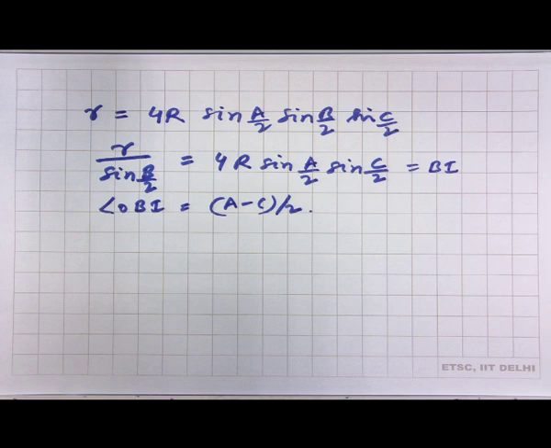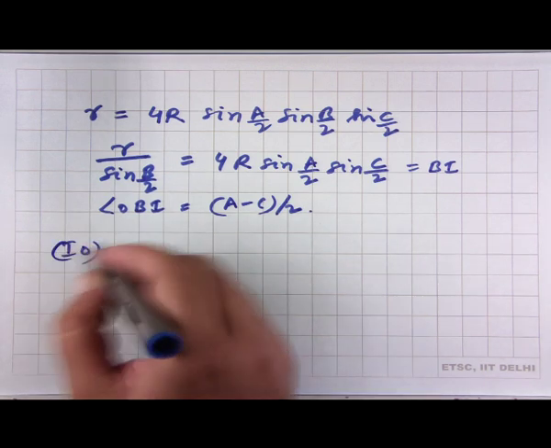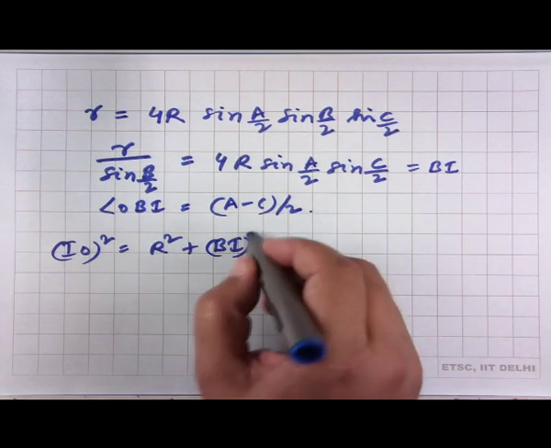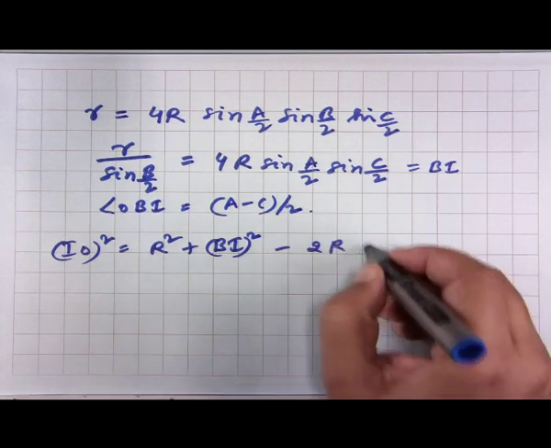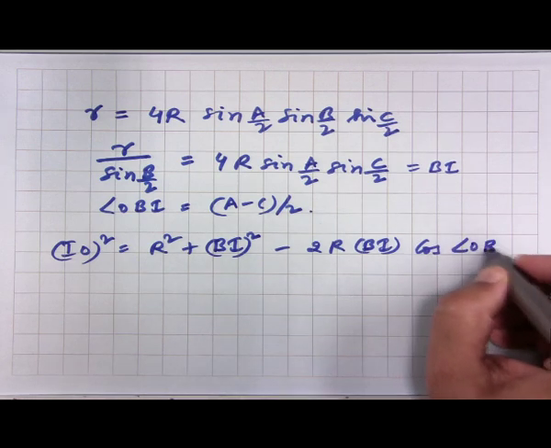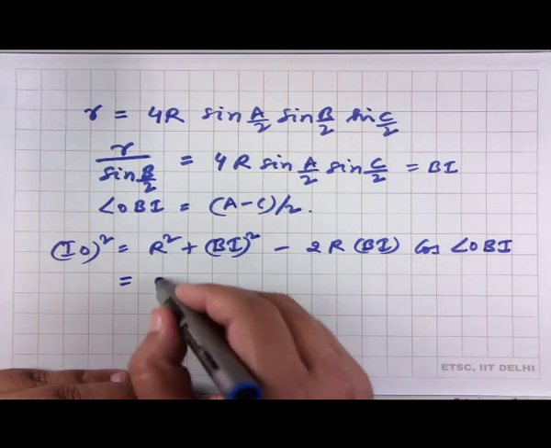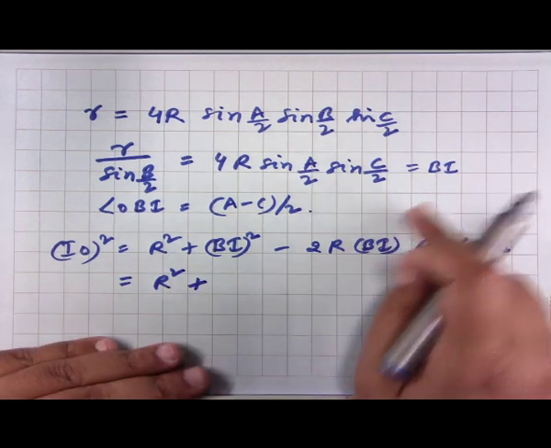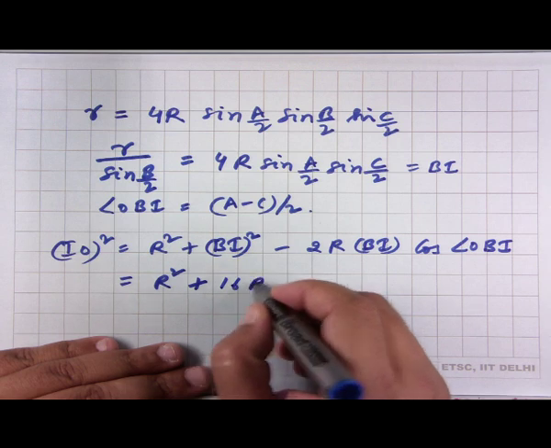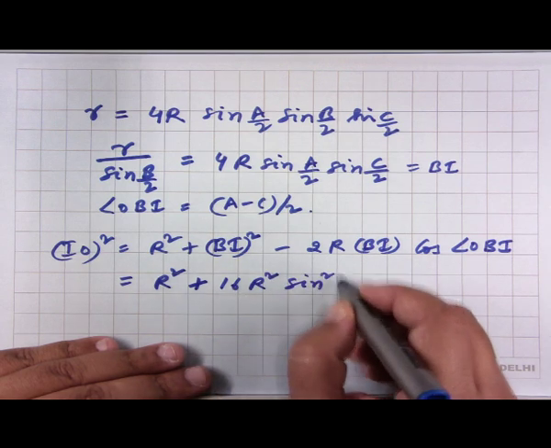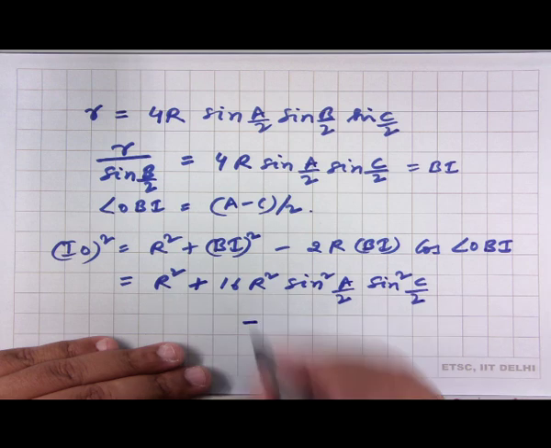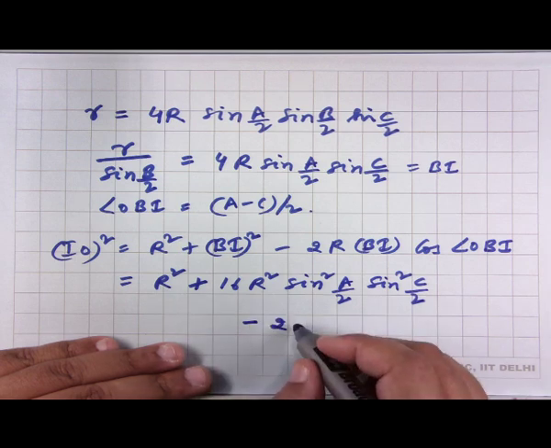And from the cosine formula, we already know that IO square is equal to r square plus BI square minus 2 r BI into cosine of angle OBI, which is equal to r square plus, so instead of BI we will use this expression, so it becomes 16 R square sine square A by 2 into sine square C by 2 minus 2 into r into BI.